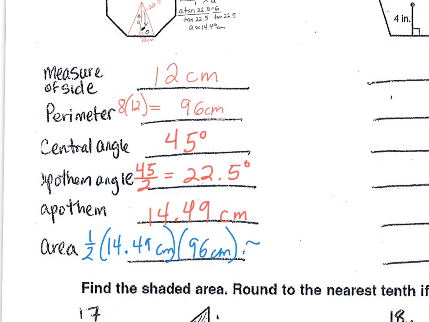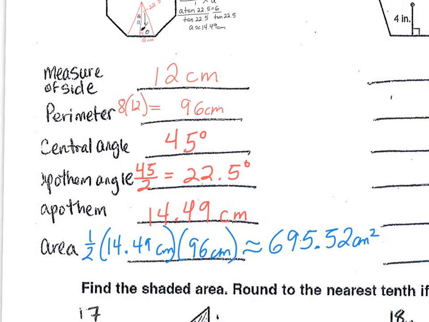And when you multiply all of that, that is approximately 695.52 square centimeters. Thank you, Seth. So it's 695.52 square centimeters. Any questions on number 15?